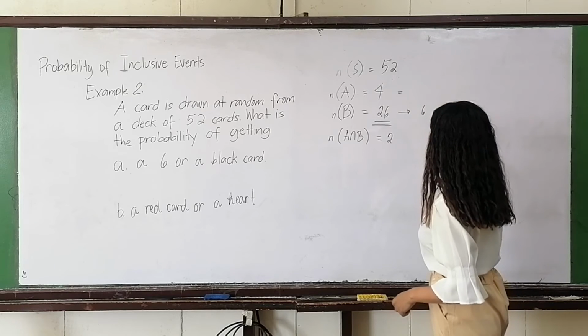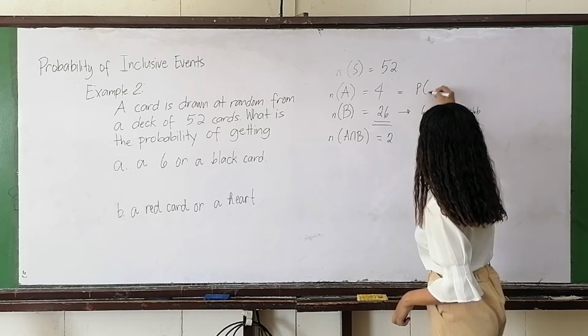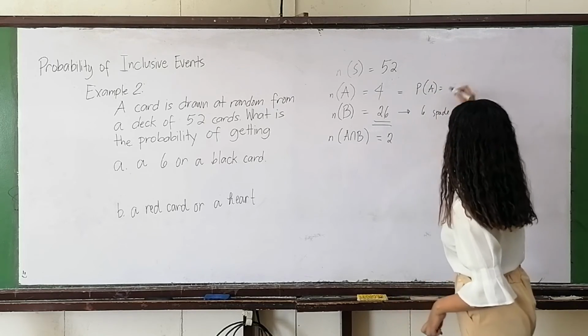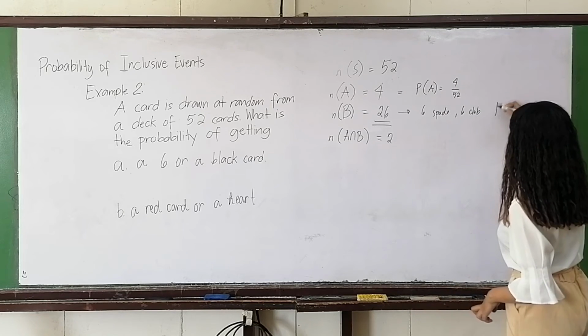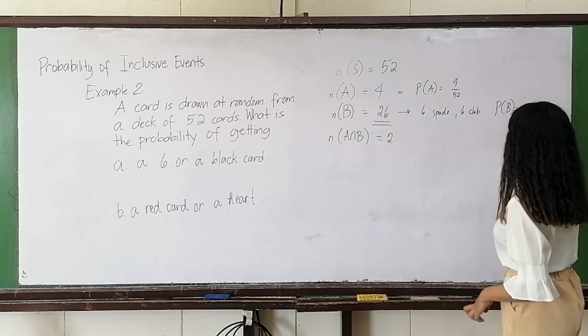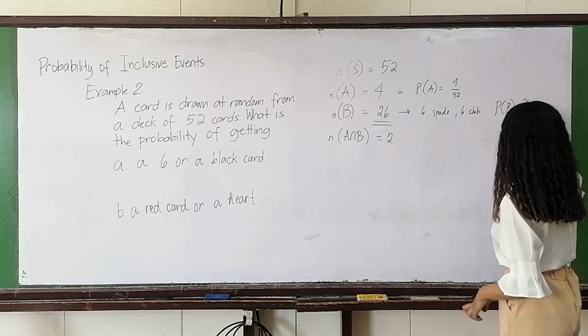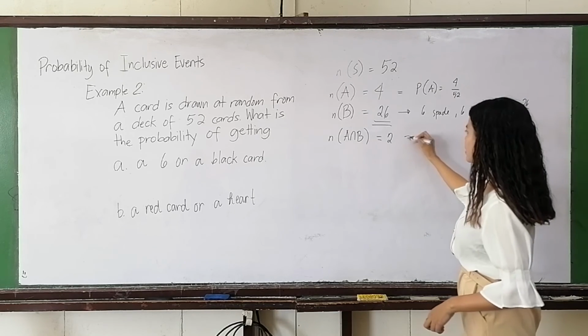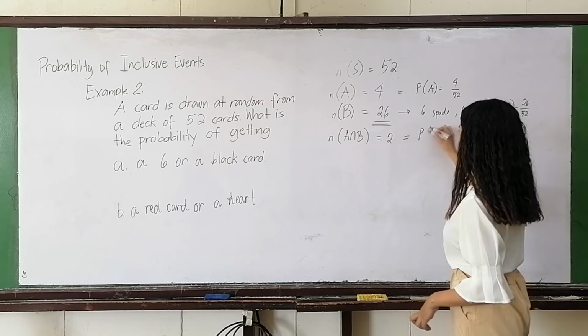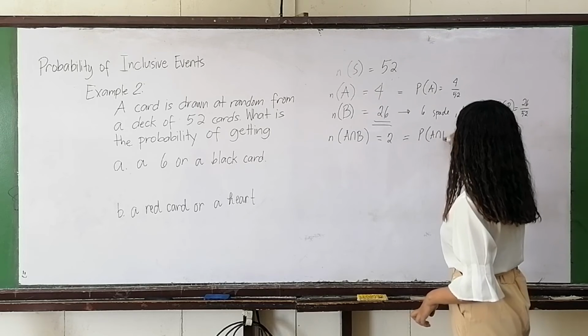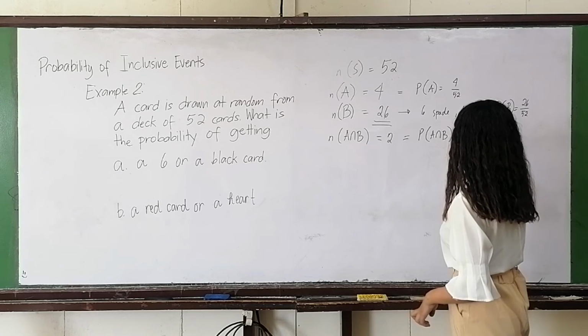So, the probability of A is equal to 4 over 52. The probability of B is equal to 26 over 52. And the probability of A intersection B is 2 over 52.